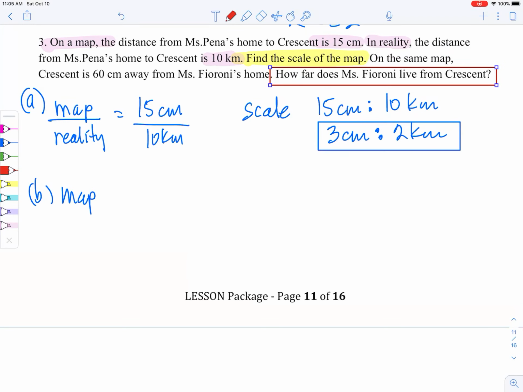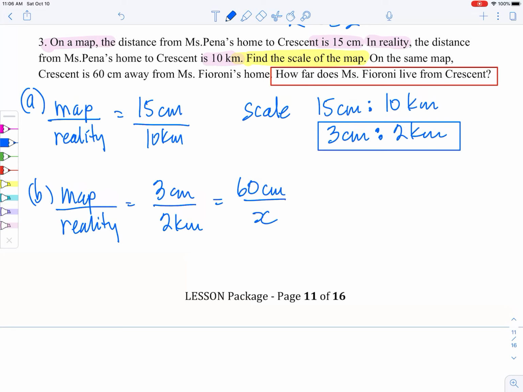Looking at map versus reality, we now know our scaling factor is 3 centimeters on a map equals 2 kilometers in the real world. If on the map it's 60 centimeters and we want to find out how far away she really is, we would call that x. We can cross multiply these.